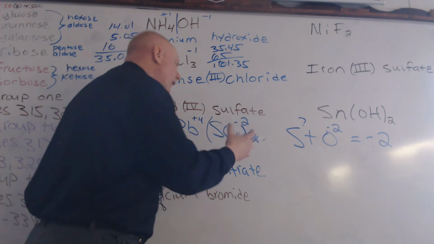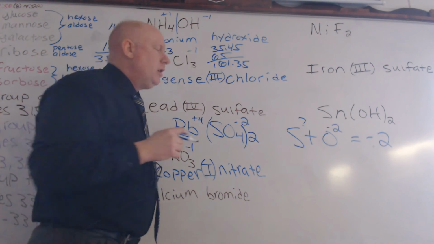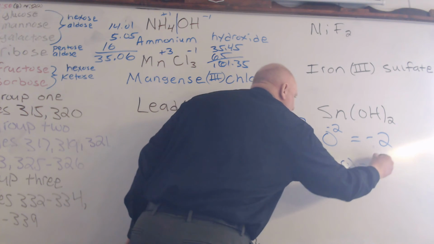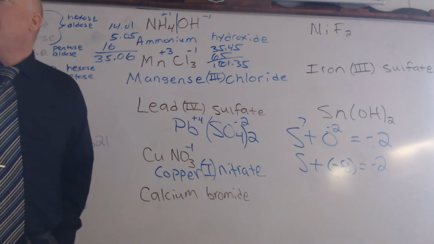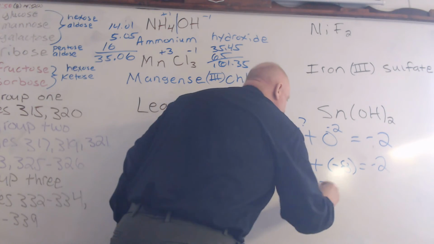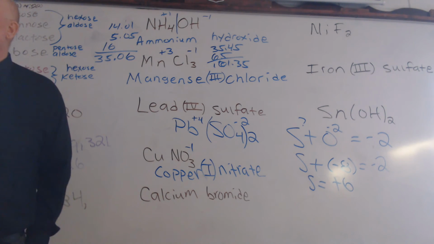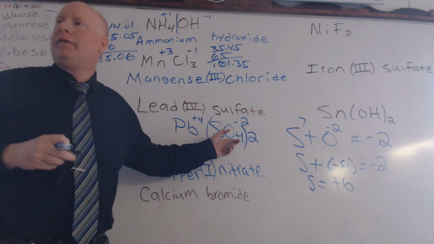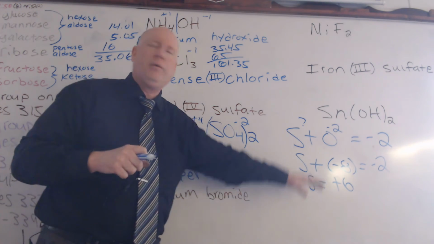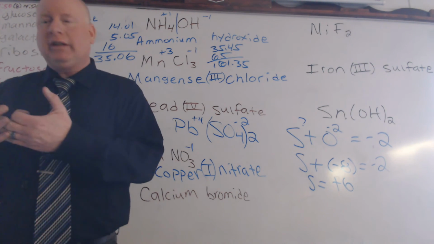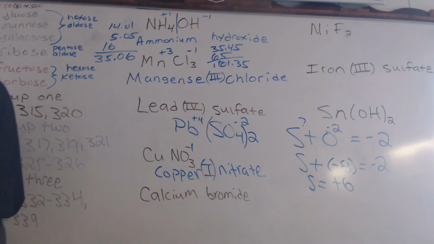What is 4 times -2? So sulfur plus -8 equals -2. That must mean this sulfur has a charge of +6, which it does. So the 4 has nothing to do with the overall charge unless you want to go through this math. It would make a lot more sense just accepting, oh, it's -2, rather than looking at the 4 and saying that must be the charge. That's what's confusing you.